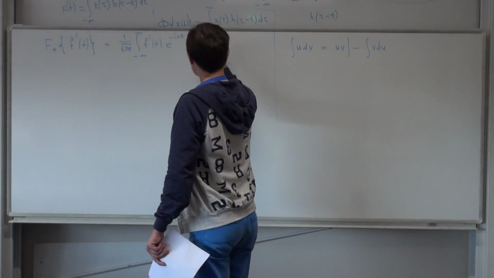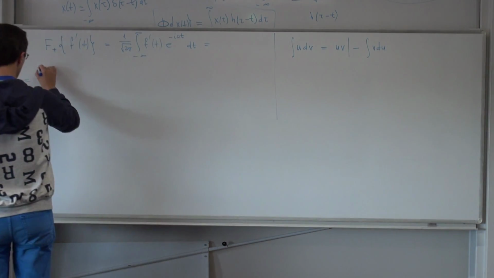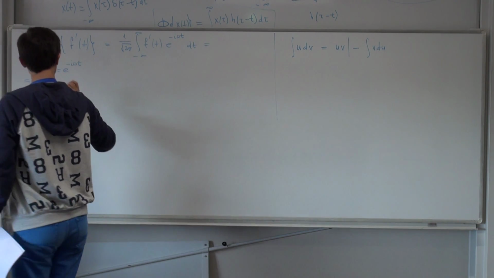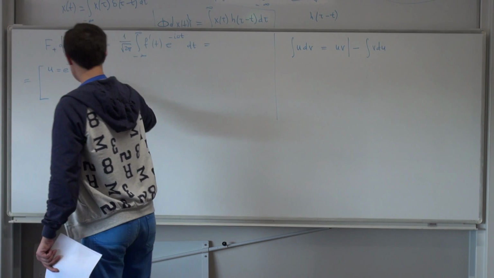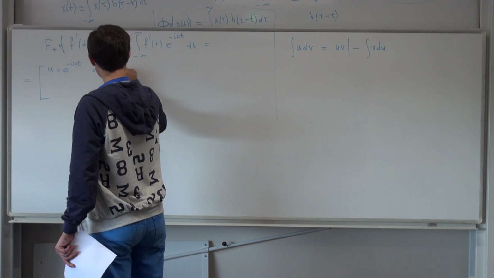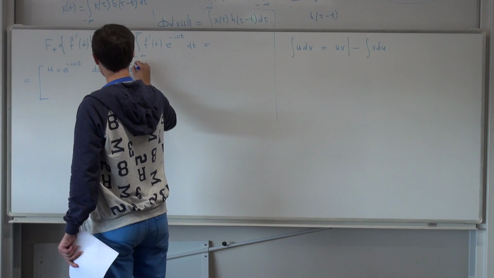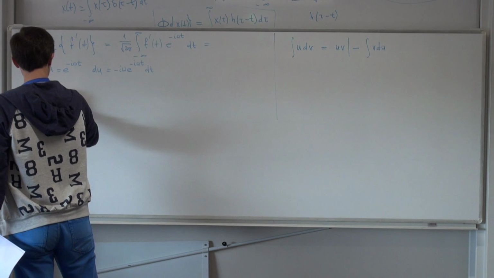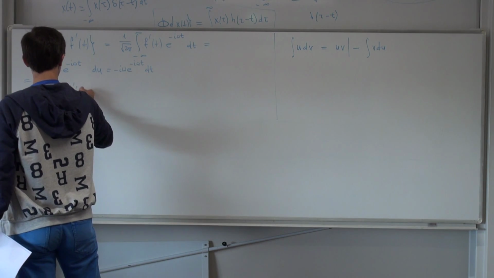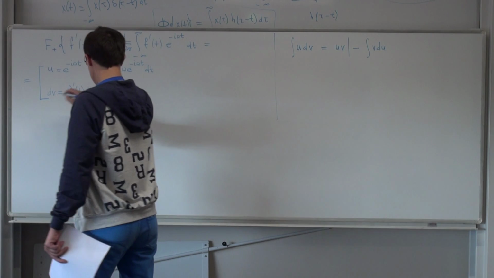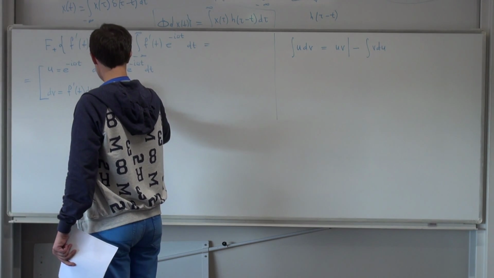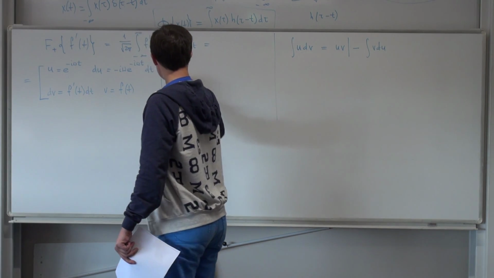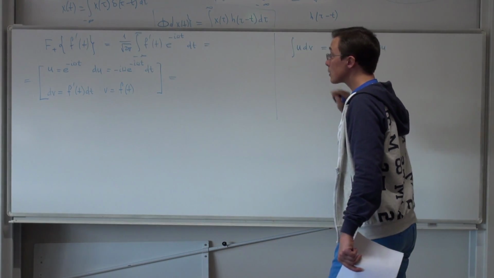And so in our case, u would be e to the minus i omega t. du, the differential, would be minus i omega e to the minus i omega t dt. dv would be f prime of t dt, and v therefore would be just f of t. And so we plug that into this expression.